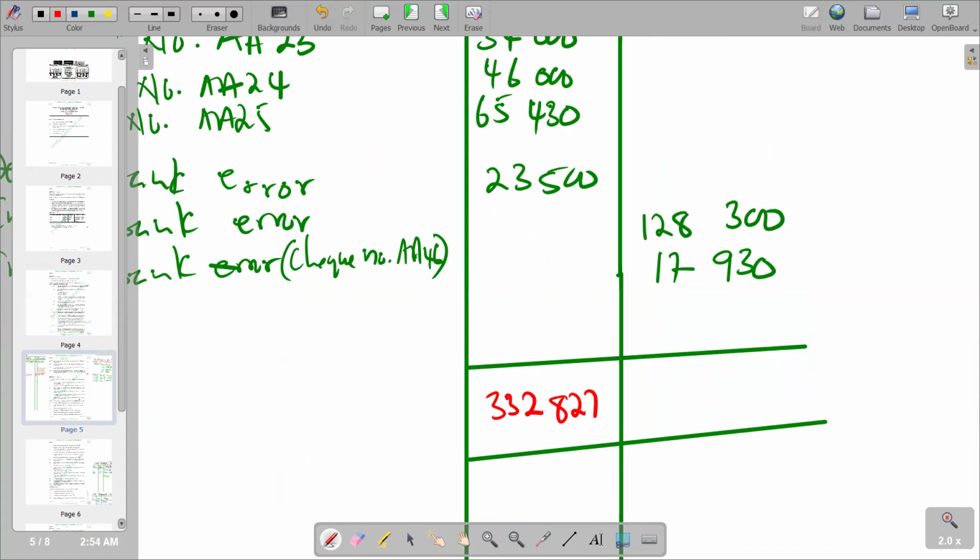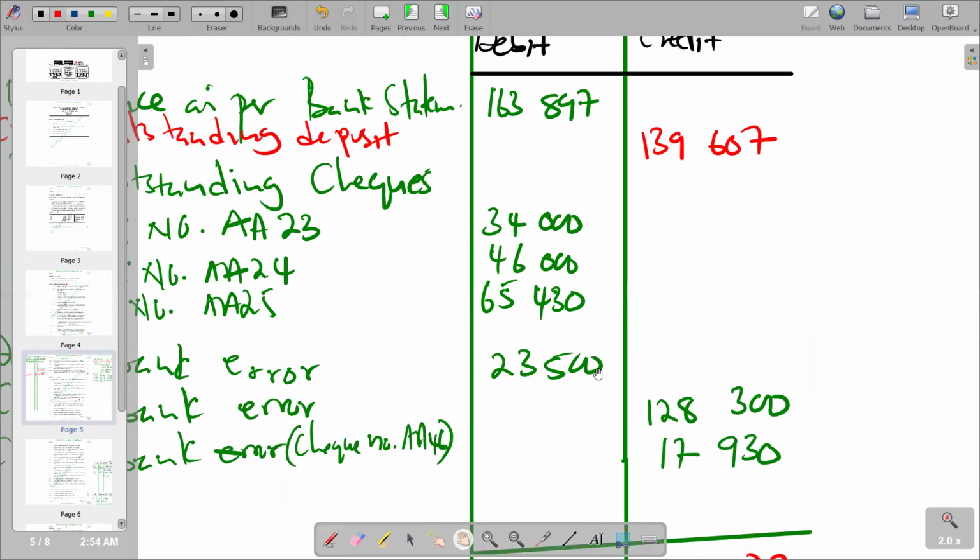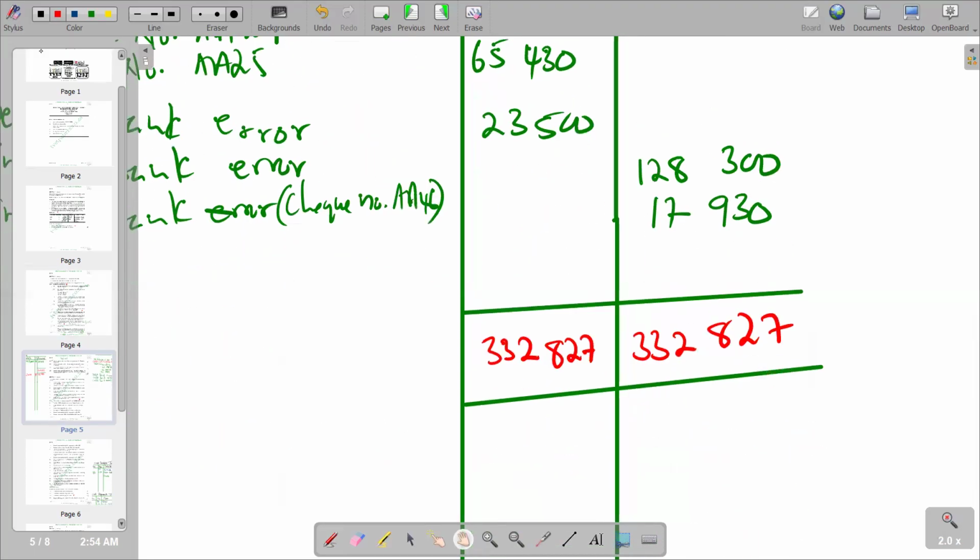This is the total of the debit side, which is the greater total, and it should also come on the credit side in between the double lines. Then we say 330,827 minus 17,930 minus 128,300 and also minus 139,607. And then you're going to get a balancing figure here of 46,990. So the description now is what is important here.